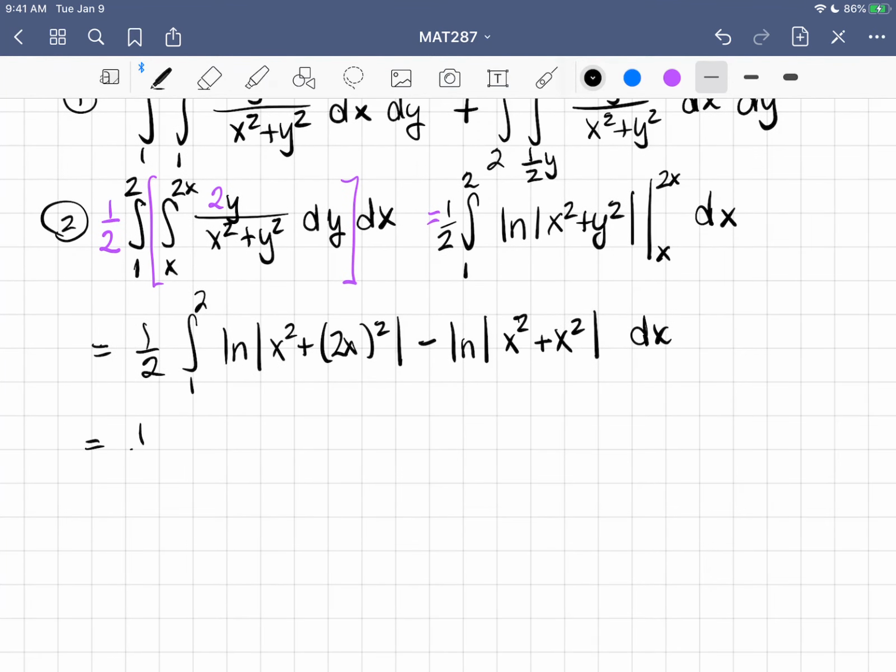So let's clean this up a little bit. So this becomes the natural log of 5x squared, and I drop the absolute value because that's going to be positive, minus the natural log of 2x squared dx.